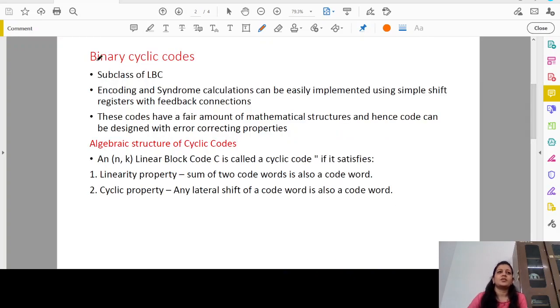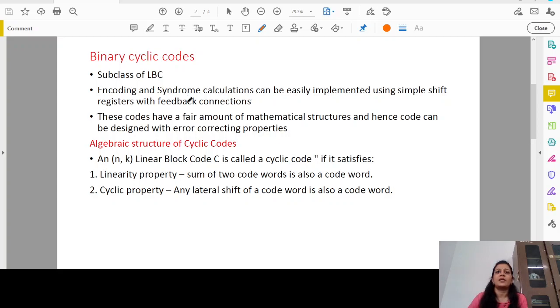So coming to the introduction of binary cyclic code. Binary cyclic code is a subclass of linear block codes, whatever we have studied in our previous session. And the encoding and syndrome calculations can be easily implemented with the help of shift registers and a feedback connection to those shift registers.